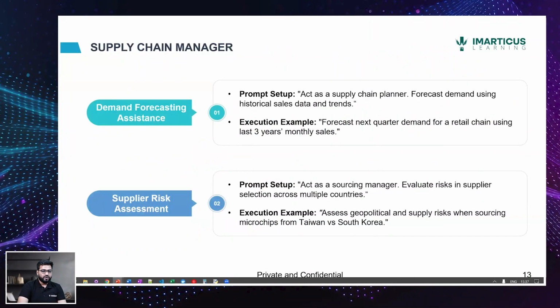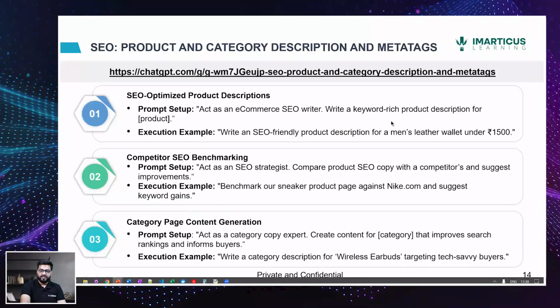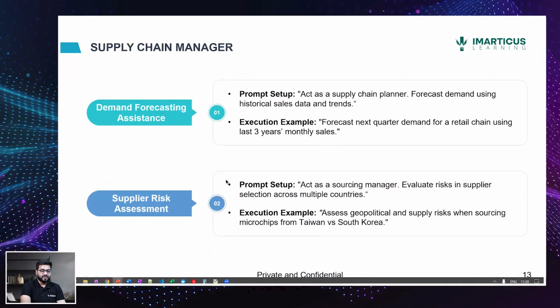Let's look at a few more examples of prompt engineering here. Let's say we want to use it for demand forecasting assistance. Prompt setup: act as a supply chain planner, forecast demand using historical sales data and trends. Execution example: forecast next quarter demand for a retail chain using the last 3 years of monthly sales.